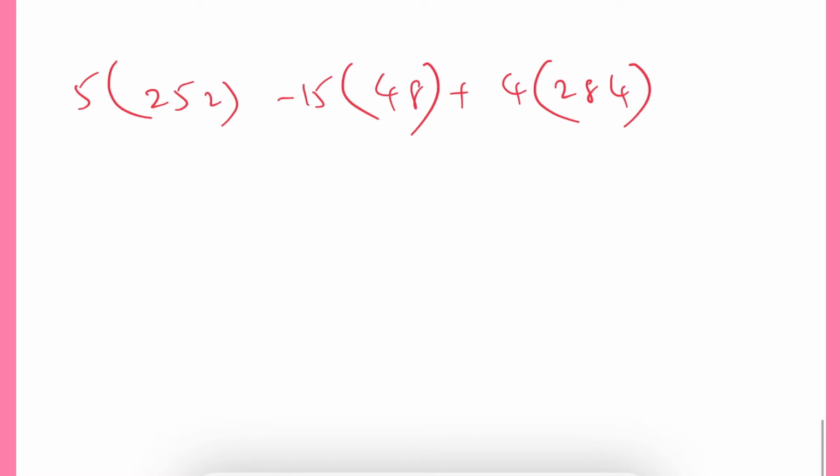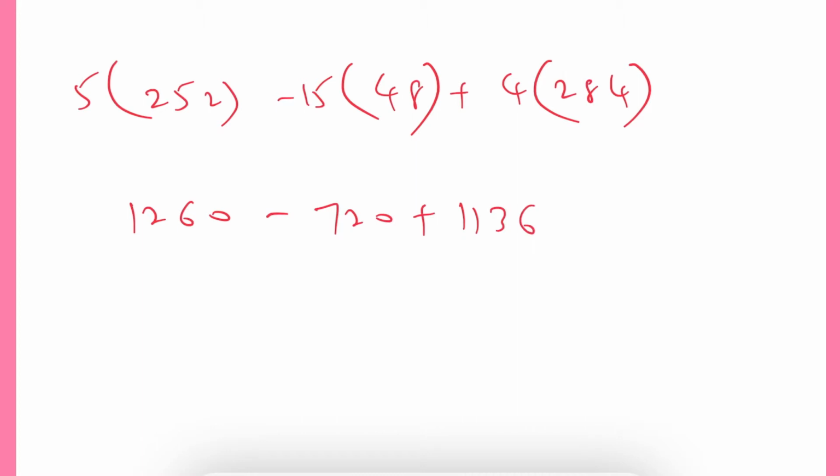Okay, let us simplify this further. 5 times 252, it is nothing but 1260, minus 15 times 48, 720, plus 4 times 284, 1136.